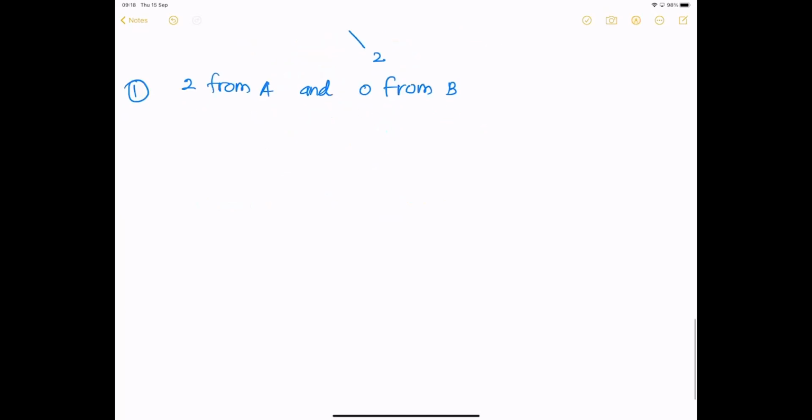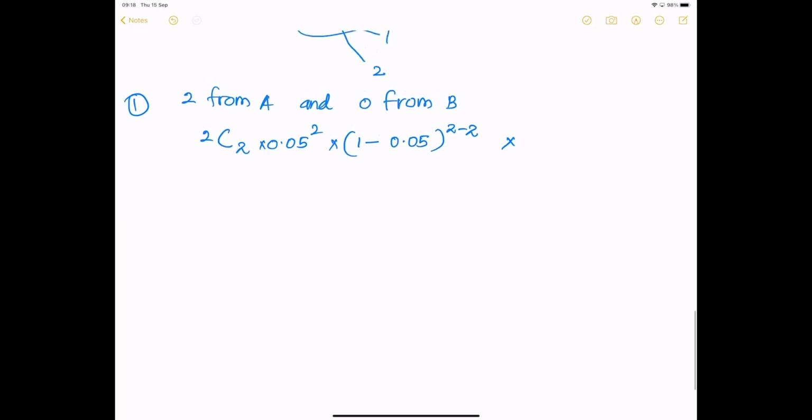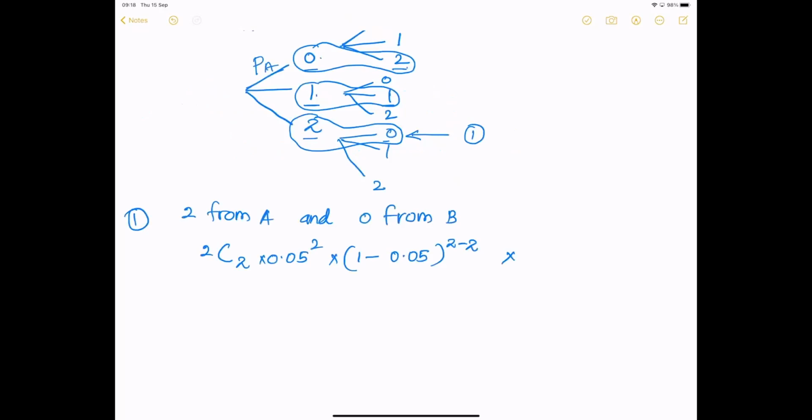Then you can use the binomial equation. 2 from A, 0.05 squared into 1 minus 0.05 to the power 0, and the multiplication refers to this branch, into there is none from B: 0.1 to the power 0, and 1 minus 0.1 is 0.9, to the power 2.